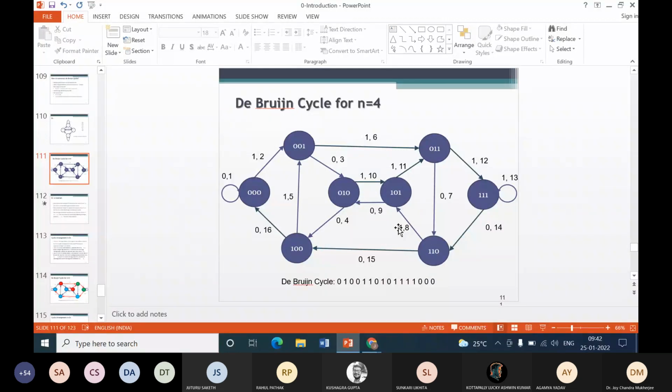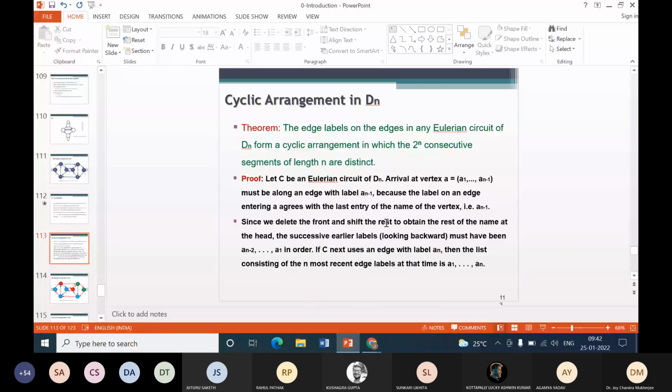So the last bit of any vertex basically tells you what the level of its incoming edges will be. So let's see with the Eulerian circuit of Dn. This is basically the circular arrangement we are talking of. Arrival at a vertex A1 through An minus 1, there are n minus 1 bits, must be along an edge labeled An minus 1.